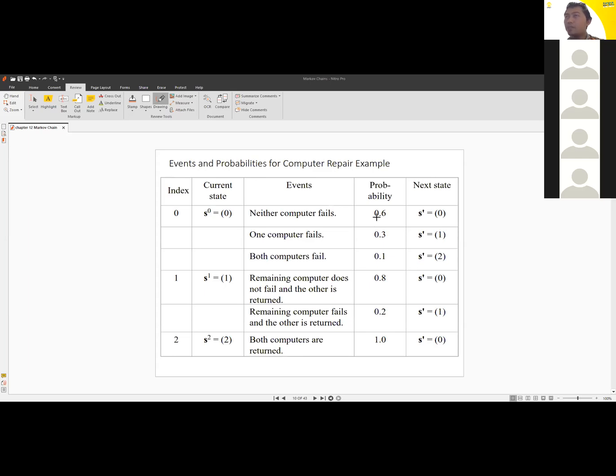Remember that if one computer fails in the evening it is 30%, and if both fail in the evening it is 10%. So the rest is 0.6.